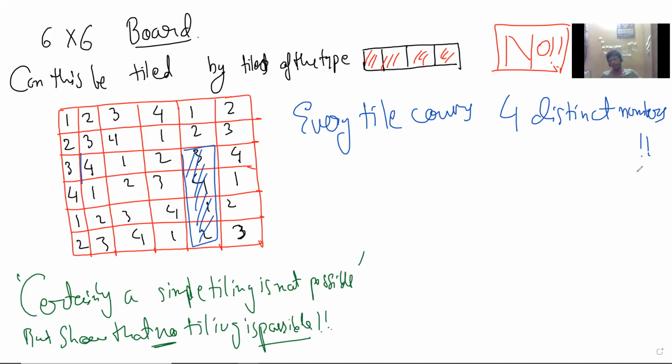So if there are 4 tiles to cover, it's much cleaner to think that if every tile covers 4 distinct numbers, then one thing is much simpler: 4 distinct numbers means that there should be an equal number of ones, equal number of twos, equal number of threes, and equal number of fours.